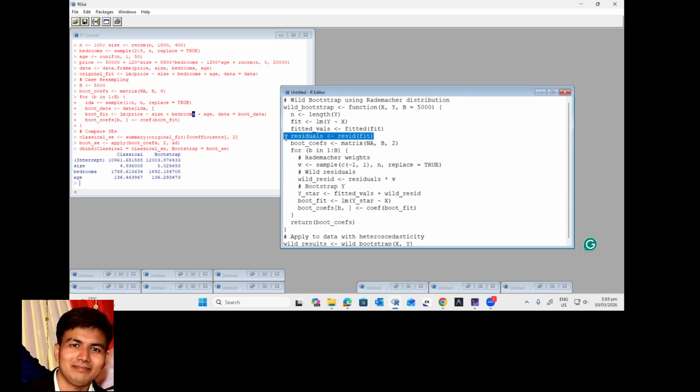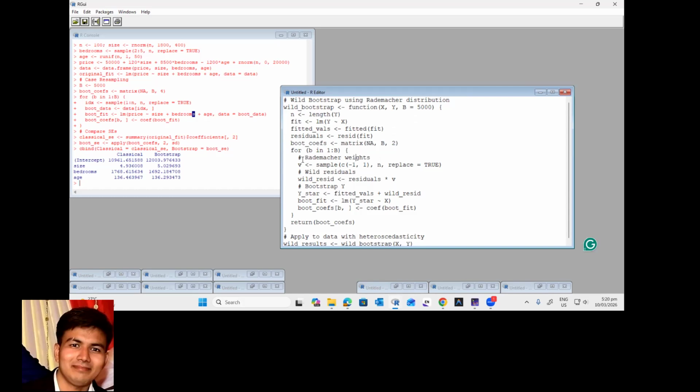After that we create a bootstrap coefficient matrix of size b by 2, where b is the number of resamples and 2 is for beta naught and beta 1.